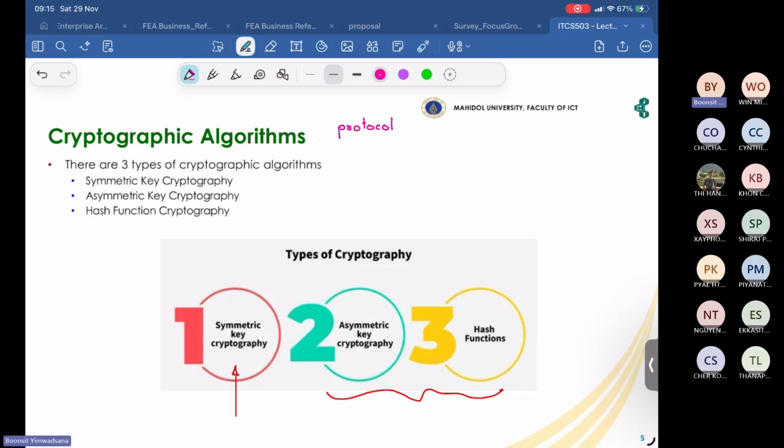So the term that we use is protocol, or in a sense, it is a language. And this language consists of one, the semantic, two, the syntax, and finally, the timing or synchronization.